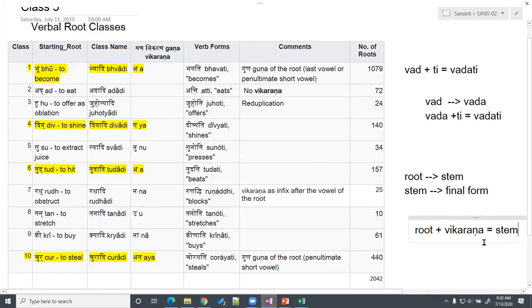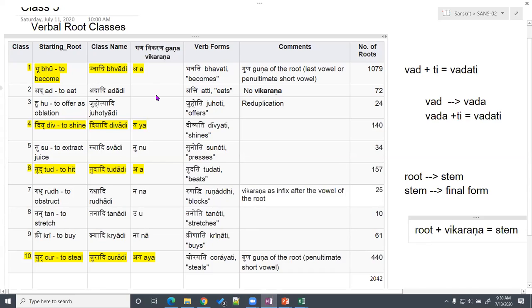When I say root plus Vikarana is stem, there are certain other rules which come into play. It's not simply that you apply the Sandhi and make the stem. There are some other rules that also come into play when you make the stem from the root. And those rules differ by the classes sometimes.